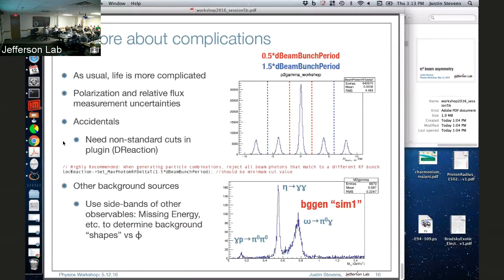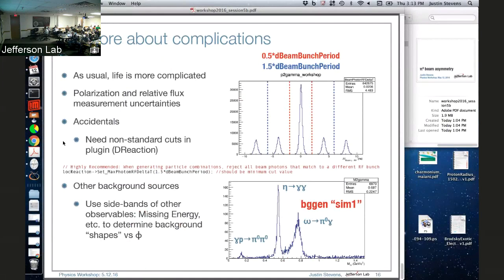So I mentioned earlier these accidentals that could show up that would be interesting to look at. This is a plot to remind you of the time difference between the beam photons and the RF time that you select for your event.